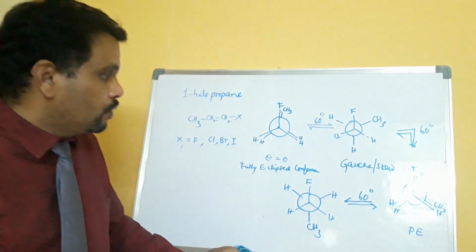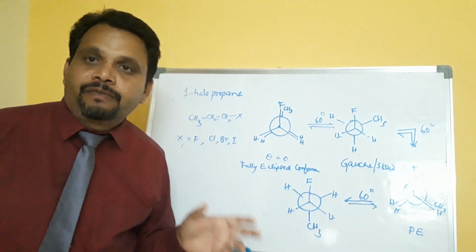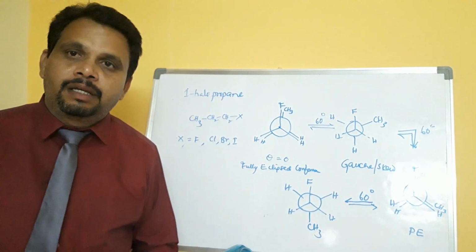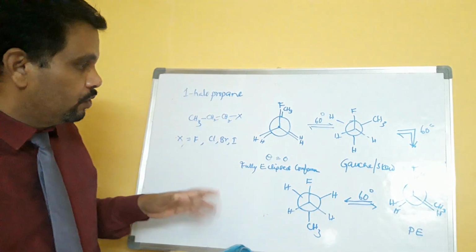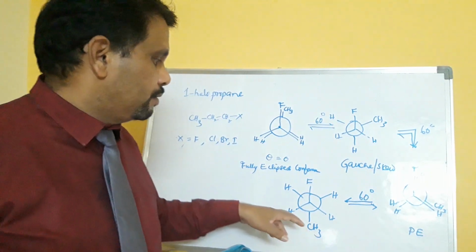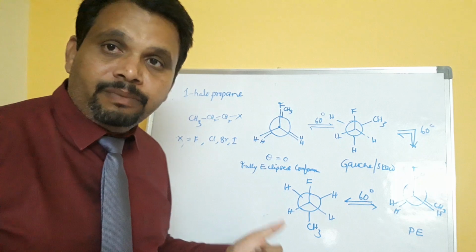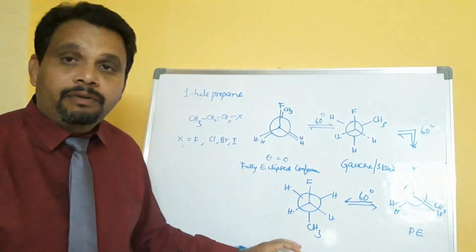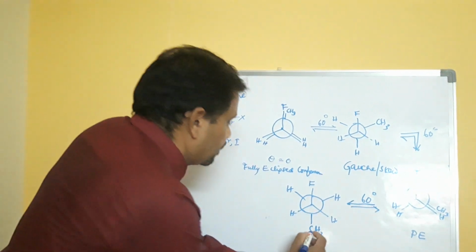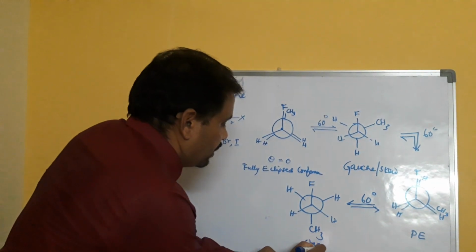Among these 4 possible conformers, which is more stable and why? We should think along those lines. Generally, in the case of n-butane, you have learned that the anti or staggered conformer is more stable.